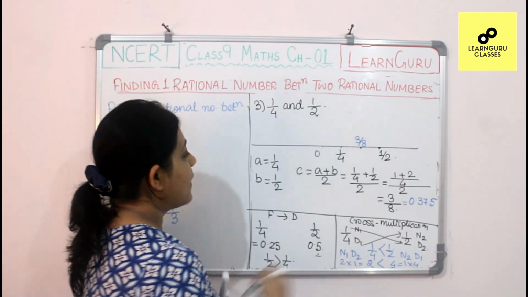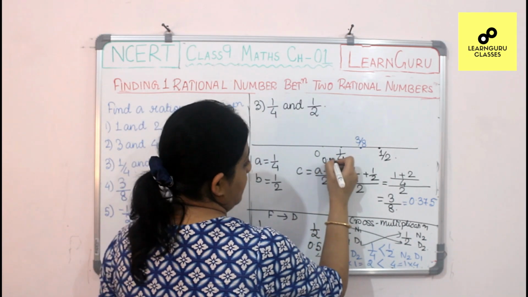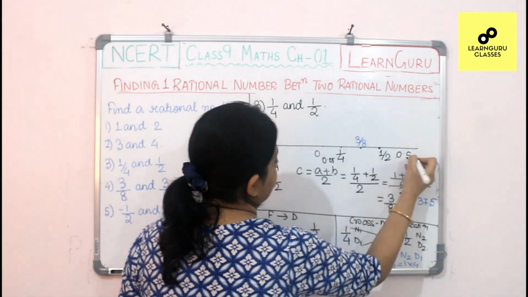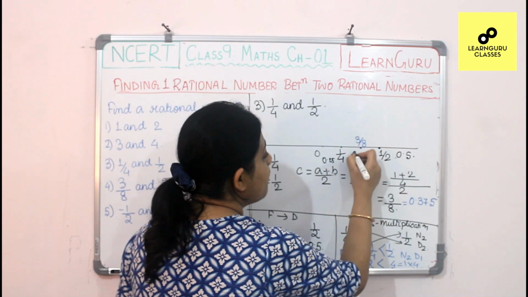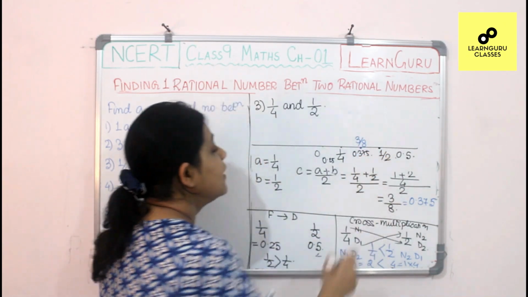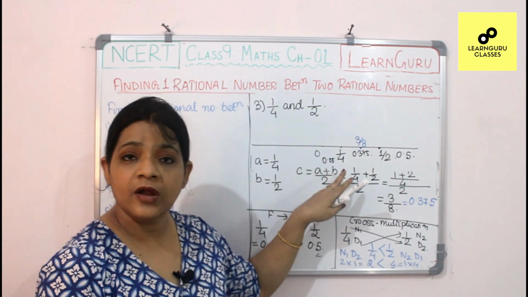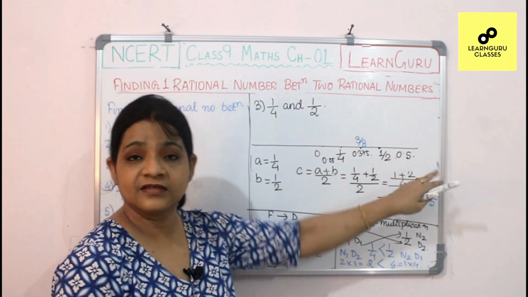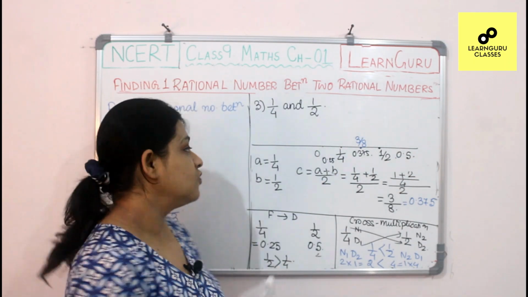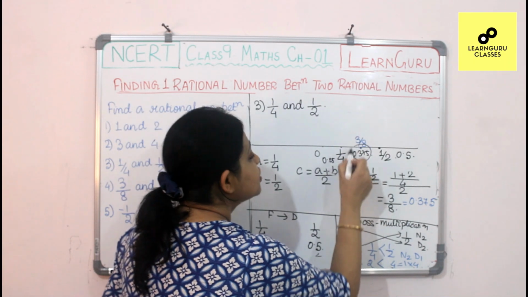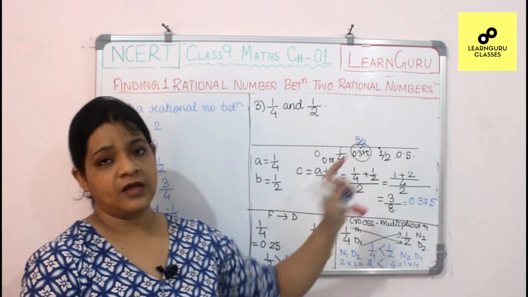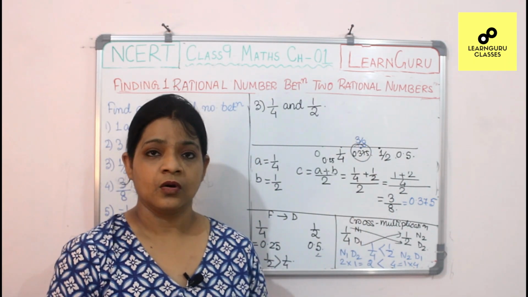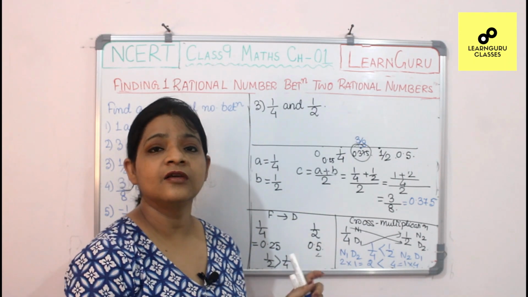So 1 by 4 is 0.25. Half is 0.5. So what does that mean? 0.375 is greater than 0.25, but it is less than 0.5. So it is a rational number between 1 by 4 and half. Okay, I think this is clear to you.